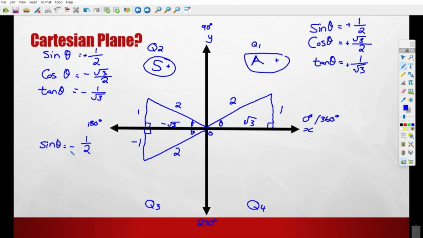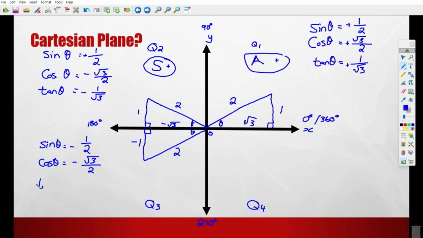I'm going to take that negative out and put it on the side, so that's 1 over 2. If I do cos of theta, it is adjacent over hypotenuse, so it's the negative square root of 3 over the hypotenuse, which is 2. So it's negative square root of 3 over 2.